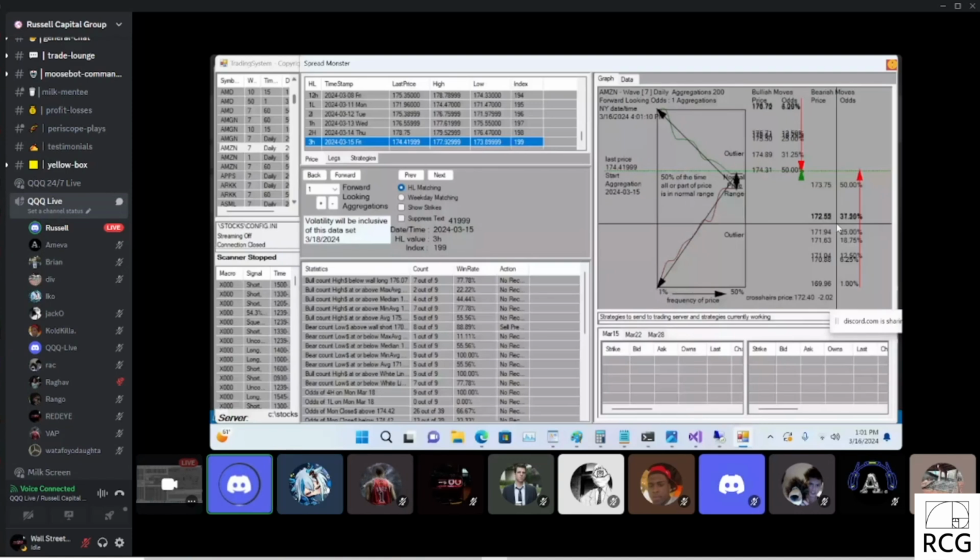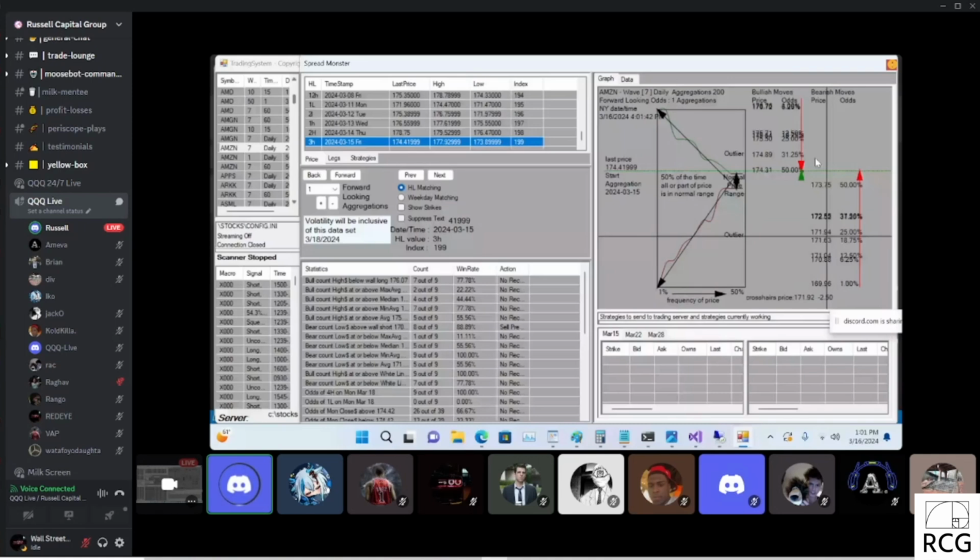There's part of the system that looks for duplication in price areas. When it sees duplication or near duplication in price areas, it overstrikes. So when you see this stuff overstriking, like up here, and here it's definitely overstriking, and down here it's trying to overstrike, and way up here it was trying to overstrike, that means it was more of a magnet for the price, that we hit those areas more times than not.